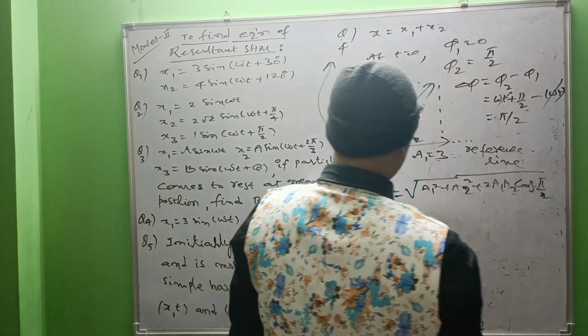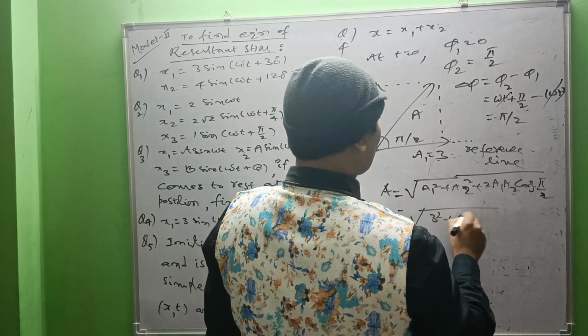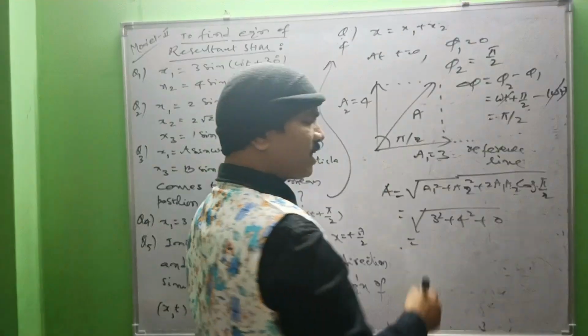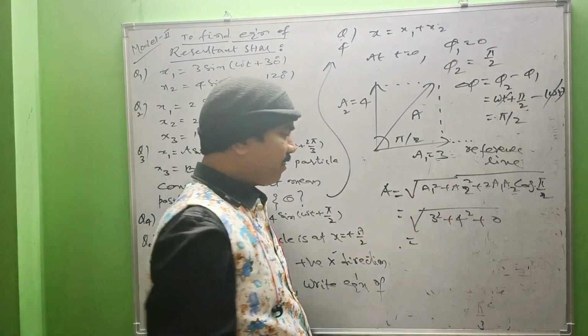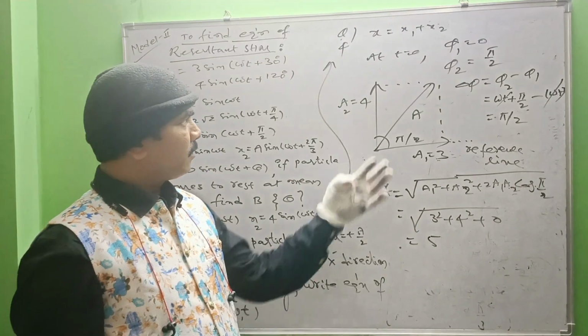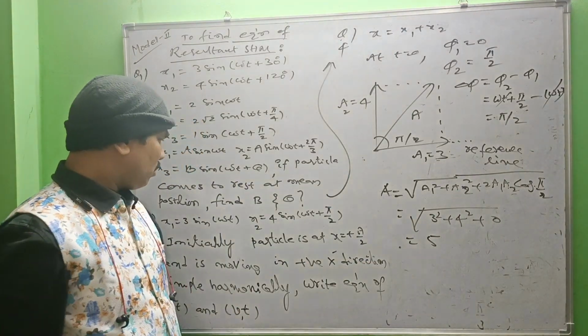Cos pi by 2 is 0. So A equal root over 3 square plus 4 square, that is root 25, that is 5. So the resultant amplitude of this combination is 5.